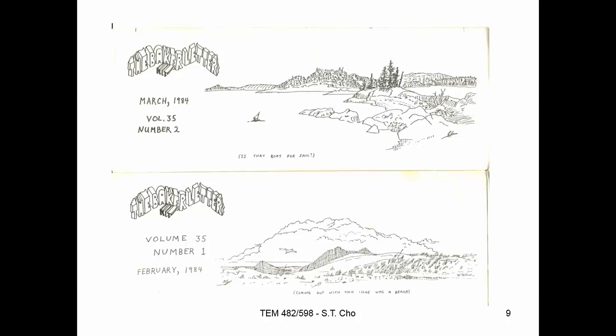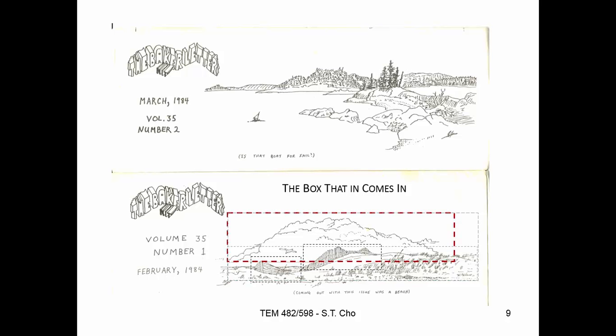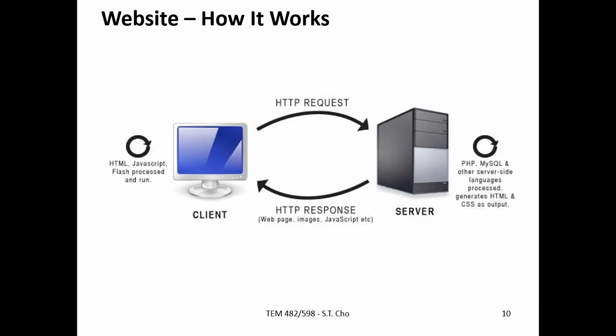Get it? Boat for sale? Anyway, when you look at drawings, when they're well ordered, what happens is they come in boxes. There are sections. So the entire drawing fits in that box. And then the landscape is a second box. And then the boat is another box. And as you can see, each of those are boxes that fit.